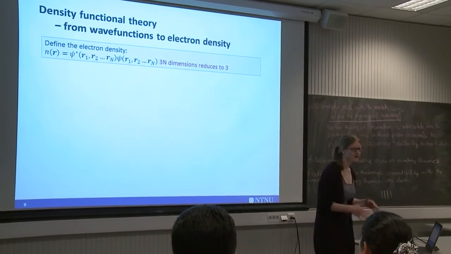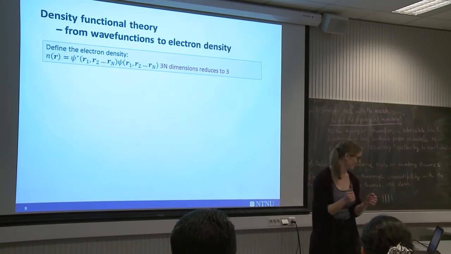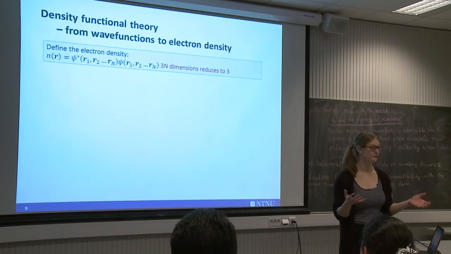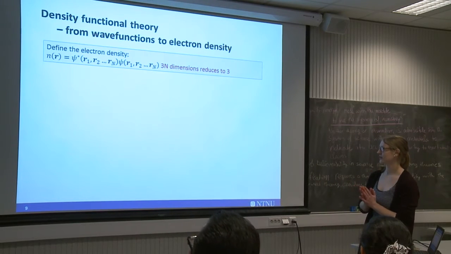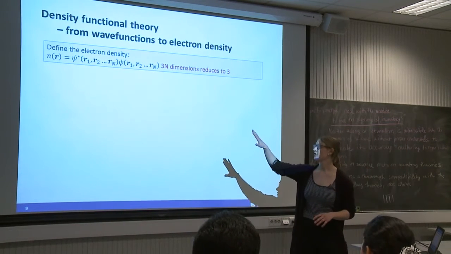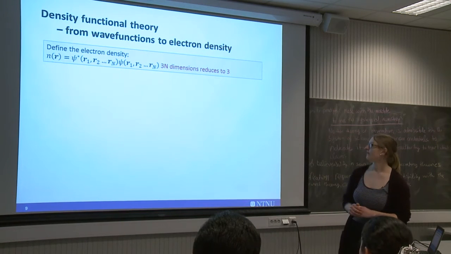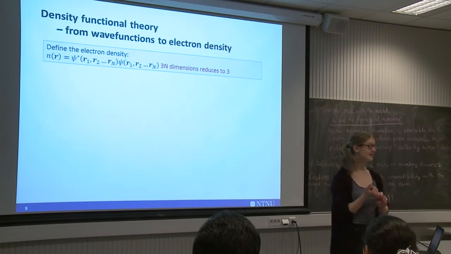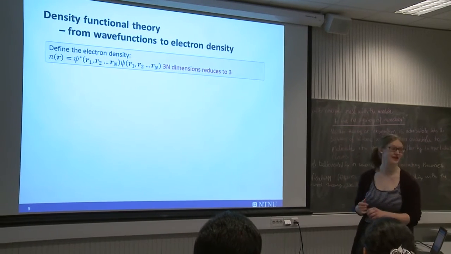Here is where we start to approach the density functional theory, right? So the electron density, that's actually a true observable, which in principle can be measured. That can be defined from the wave function. That reduces from 3n dimensions to 3 spatial dimensions.